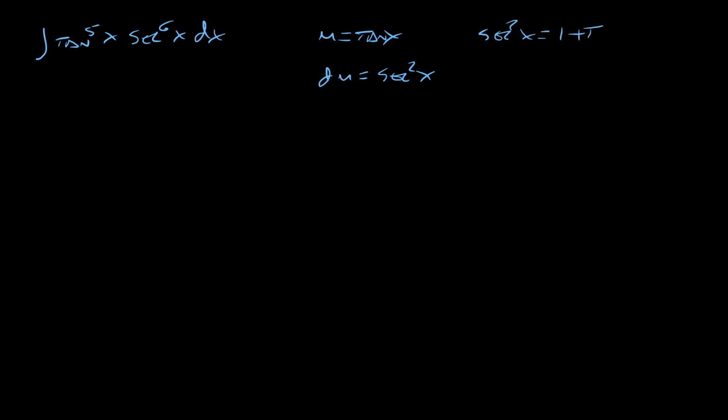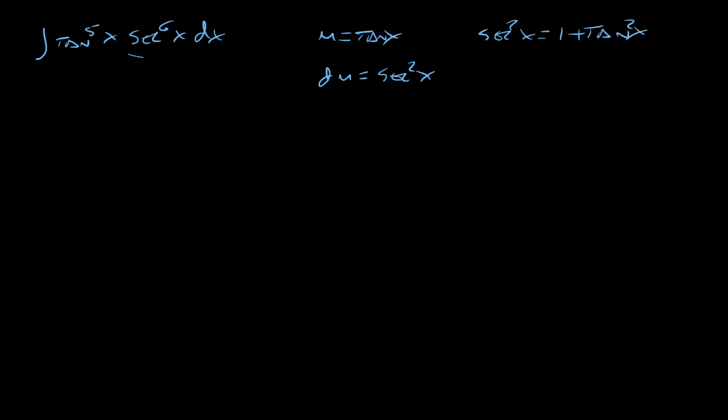So let's say now we have tan 5x secant 6x dx. Same as before, u is equal to tan x, du is equal to secant squared x, and we also know that secant squared x is the same as 1 plus tan squared x.